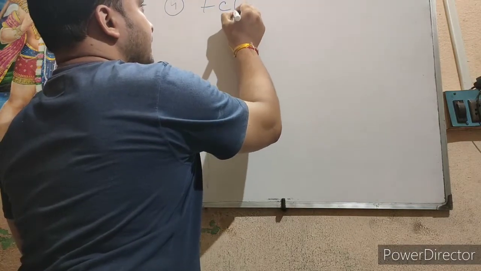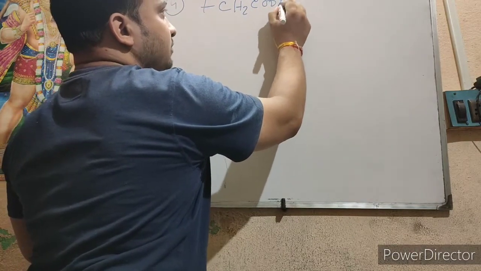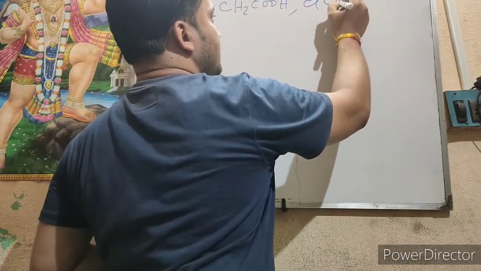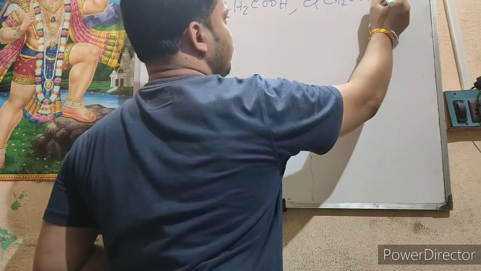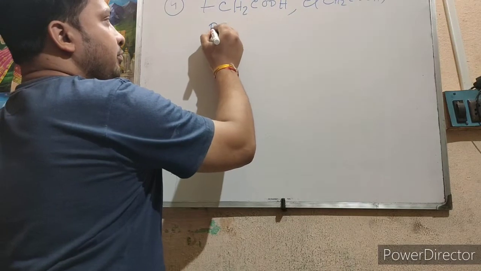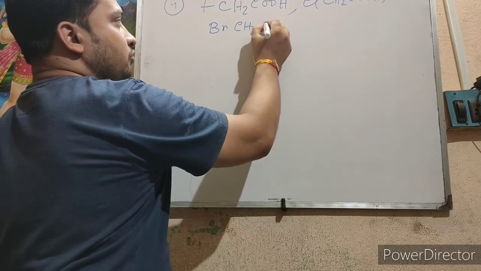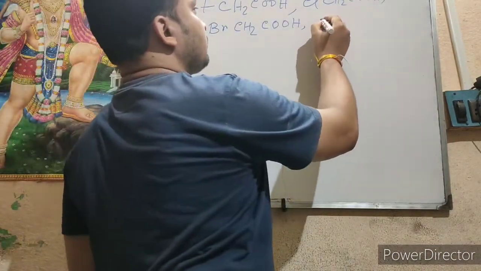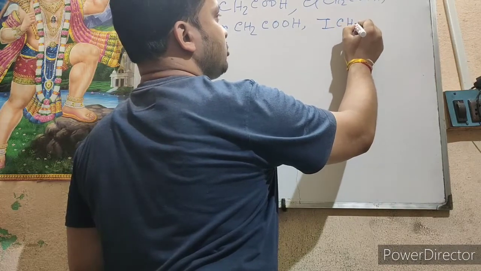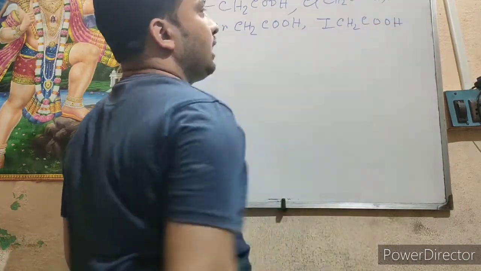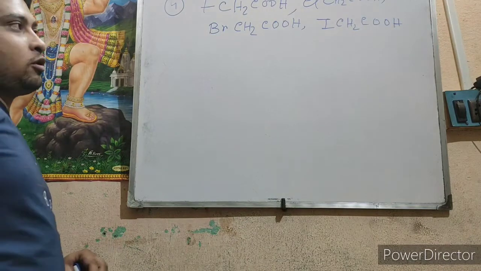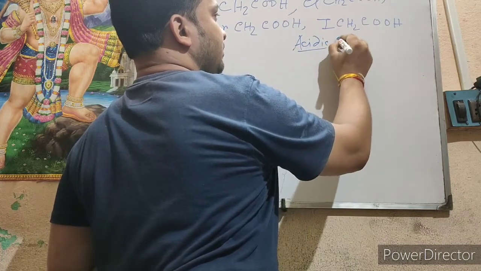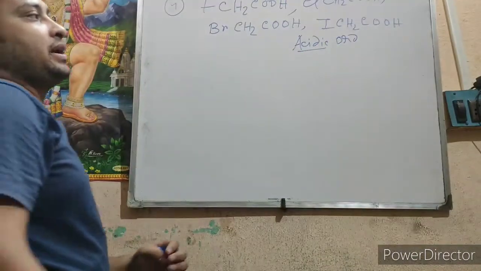If you have FCH2COOH, or you have ClCH2COOH, or you have BrCH2COOH, or you have ICH2COOH, and compare the acidic order, or write the appropriate acidic order.